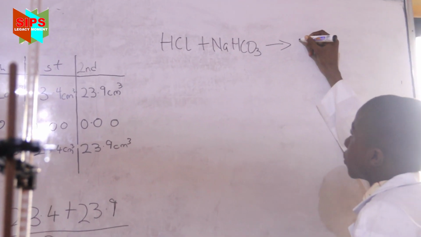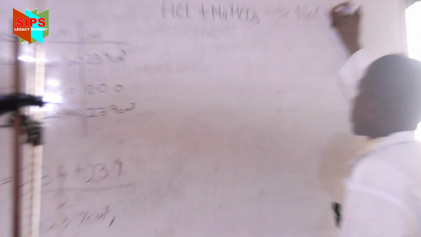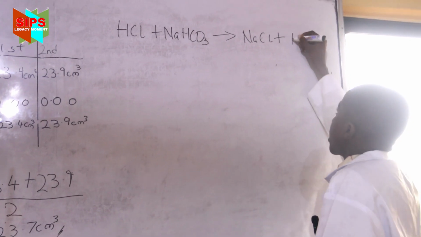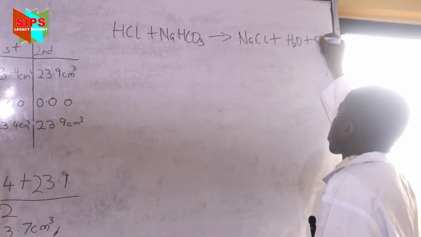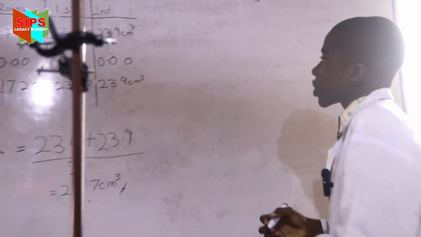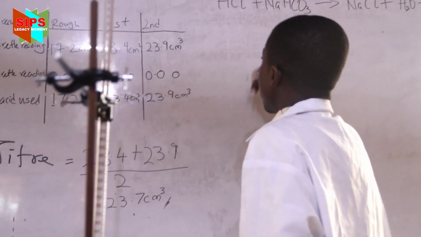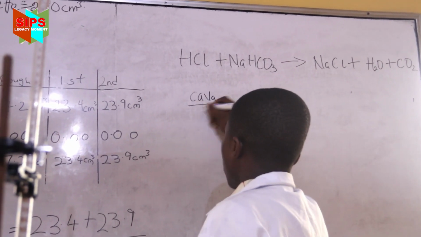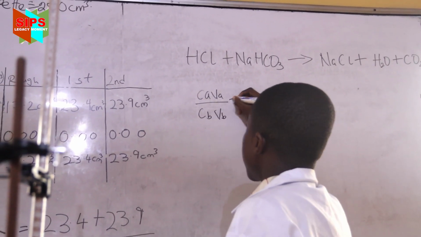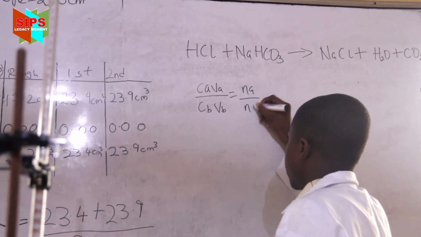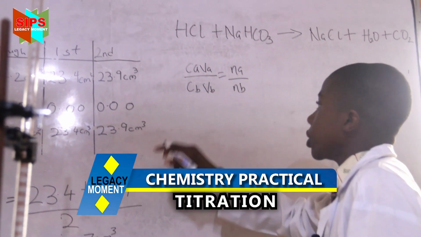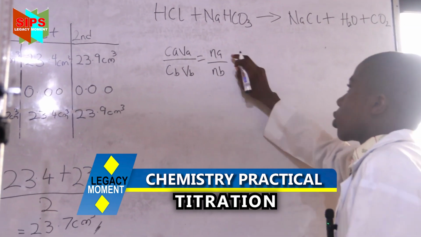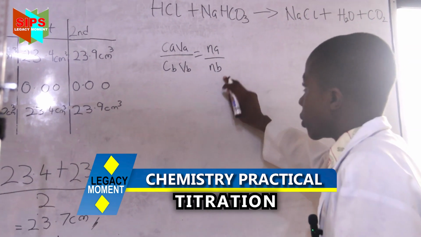When reacted, they give us NaCl, which is sodium chloride or common salt, H2O, which is water, and CO2, carbon dioxide. So now, to find the concentration of B, the simple formula is CaVa over CbVb equals Na over Nb. This is the concentration of the acid, the volume of the acid, the concentration of the base, the volume of the base, the number of moles of acid used, and the number of moles of base used.